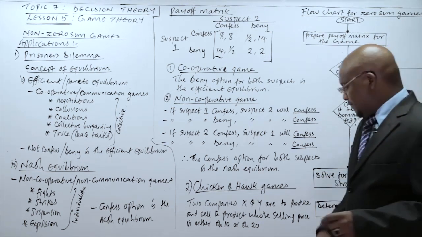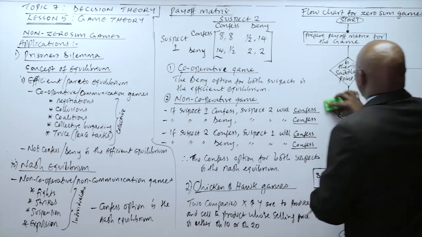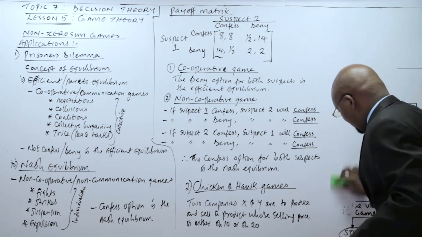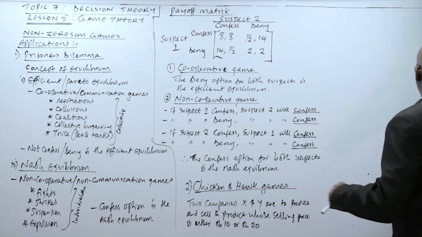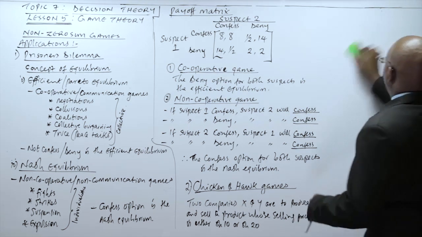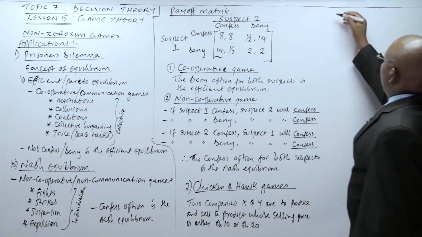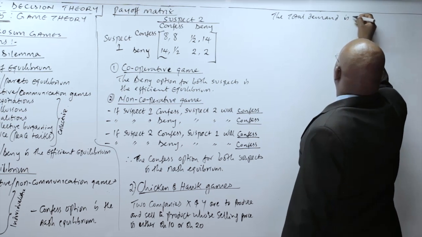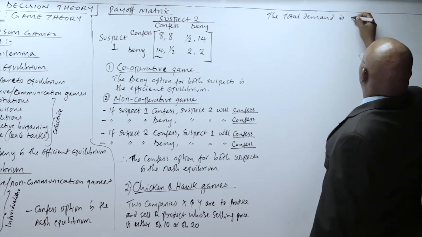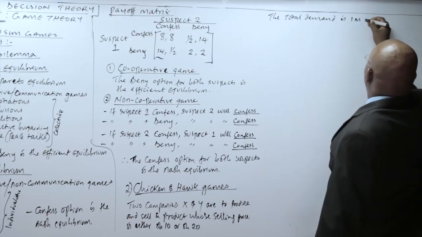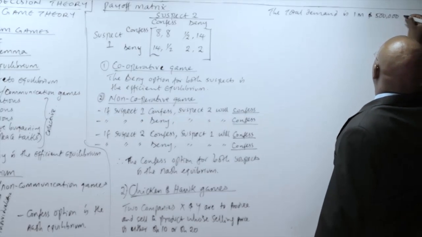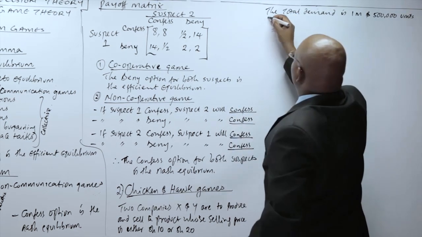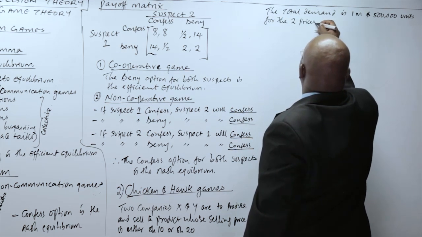Then the total demand is, we give it 1 million and 500,000 units for the two prices respectively.